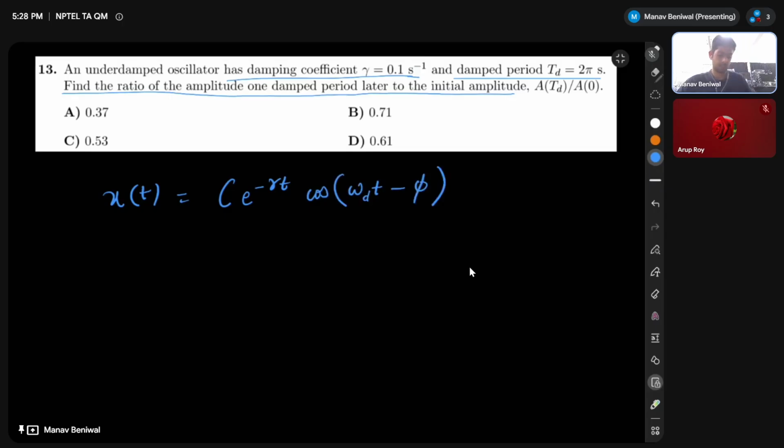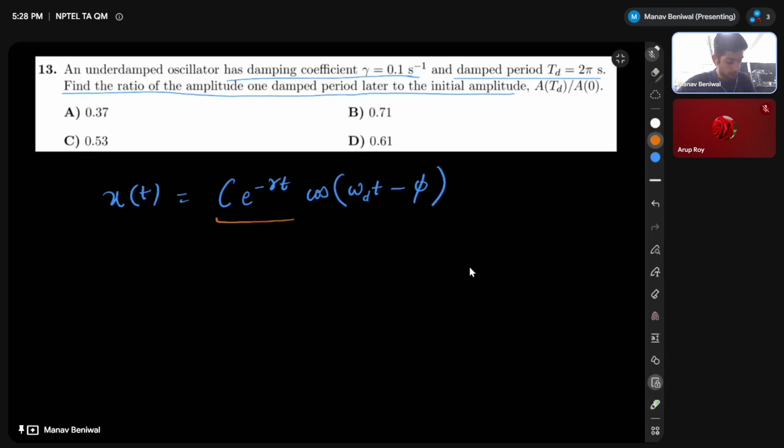Okay, so we know that the general solution for the damping, we can write as C e to the power minus gamma t cos omega d t.